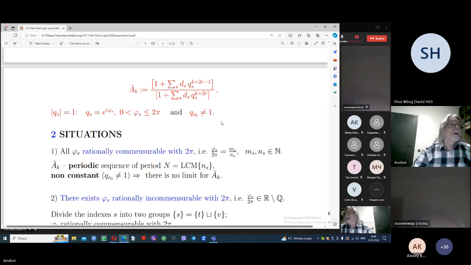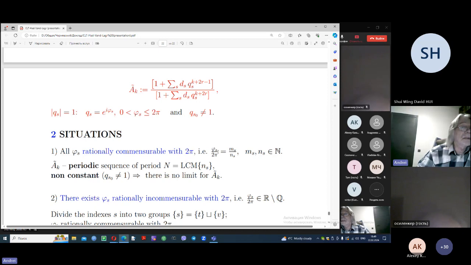Okay, so what does it mean? We are considering this ratio. We can consider all these Q_s as being written in this form, so they're just rotations. At this moment, we consider them as rotations. And there can be two situations. One is when all these angles are rationally commensurable with 2 pi.